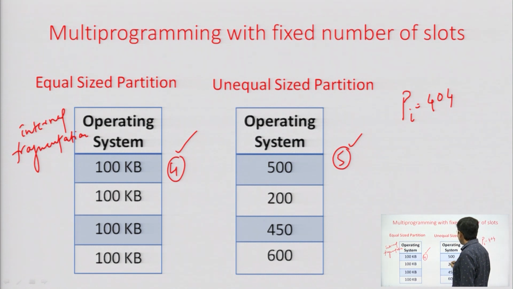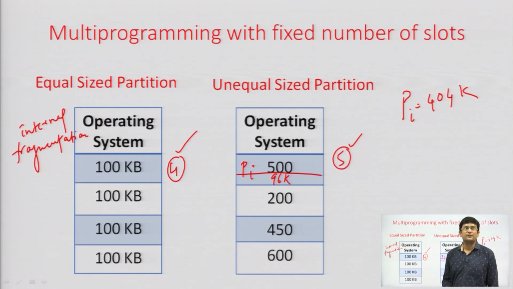So, let us say that has been accommodated with the first fit scheme in this slot. So, the 404 K process has been accommodated here in the 500 K partition, and there is a wastage of 96 kilobytes, or 96 K is the wastage of space. This 96 K wastage cannot be utilized for any other purpose. So, there is a sheer wastage of memory here in the case of the equal size partitioning and the unequal size partitioning scheme also.